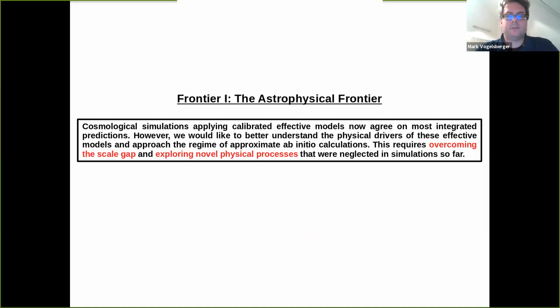This, however, getting there requires overcoming this scale gap that I mentioned at the beginning, and also refining the physics that we put in these simulations significantly. And so I think this is, again, kind of in a nutshell, the frontier that many groups are now facing and tackling, in terms of the astrophysics of these simulations.